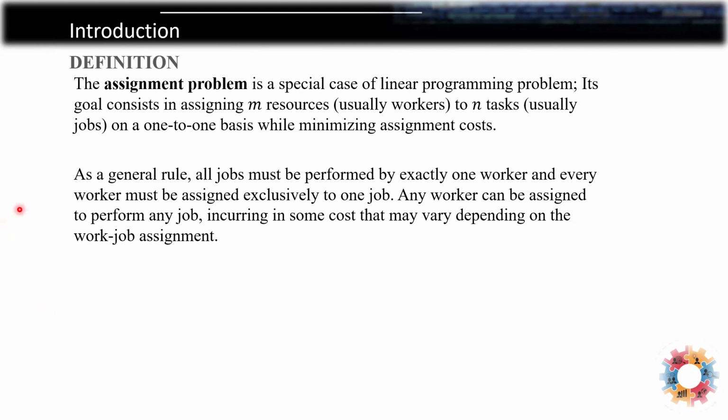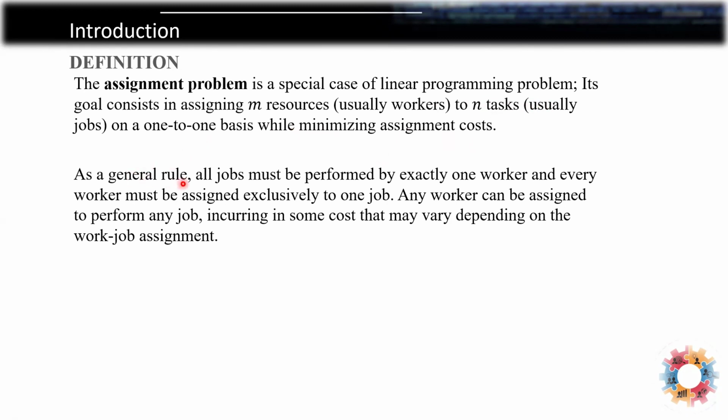The goal of assignment problem is to assign M number of resources, and usually the resources are workers, to N tasks. Usually the tasks refers to jobs on a one-to-one basis while minimizing assignment costs.